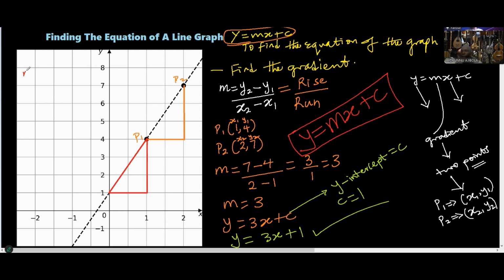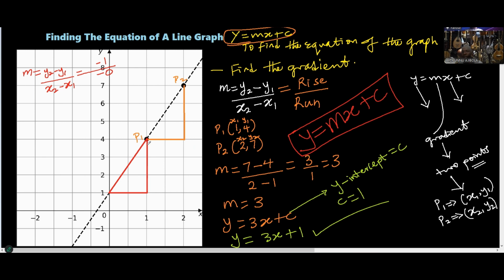Yes. So m is going to be y2 minus y1 over x2 minus x1. For the first point, what are the coordinates? Zero comma 1. So my x1 is 0, my y1 is 1.